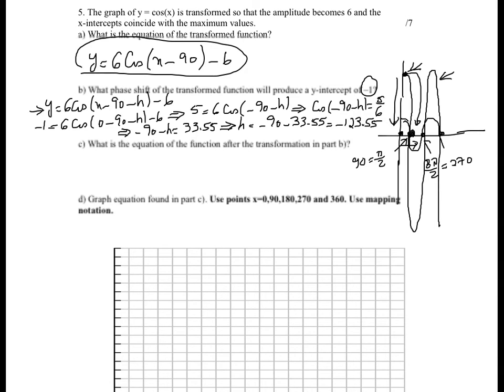Now the second part of the question says what is the equation of the function after the transformation. We are going to substitute this value back in the equation, we get y is 6 cos (x minus 90 minus h), so it's minus minus, so it's going to be plus 123.55, which is going to give us 6 cos (x minus 90 plus 123.55), which is 33.56, minus 6.